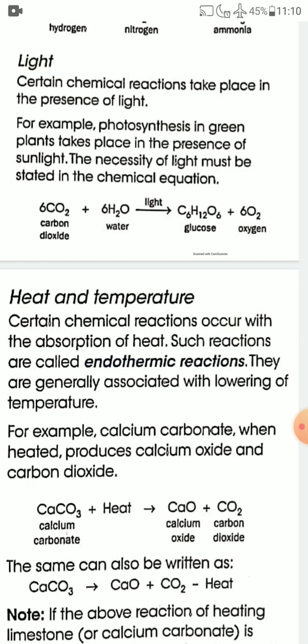The chemical equation for the photosynthesis process is 6CO2 plus 6H2O arrow, and above the arrow you have to write light, and the products are glucose C6H12O6 plus oxygen gas, 6O2.